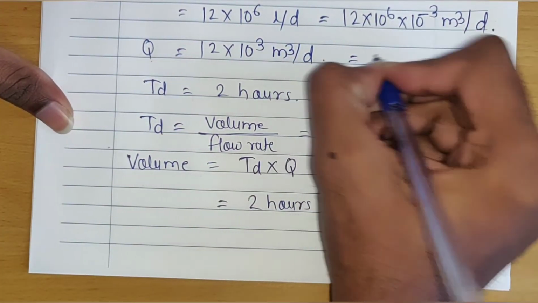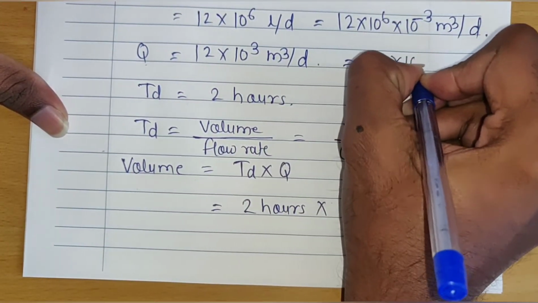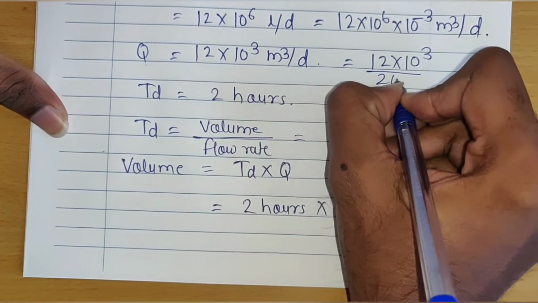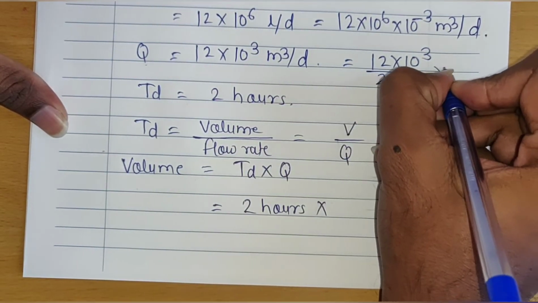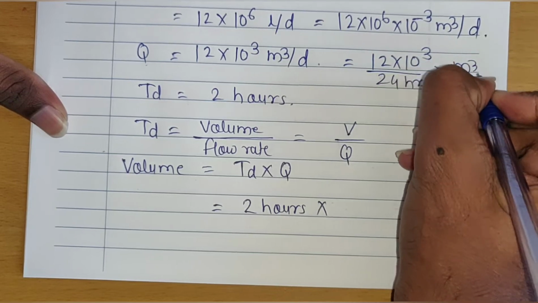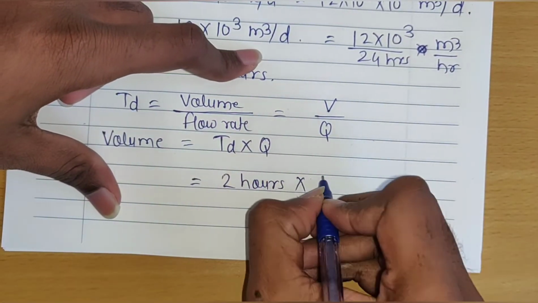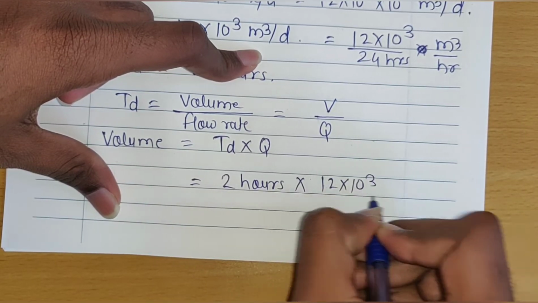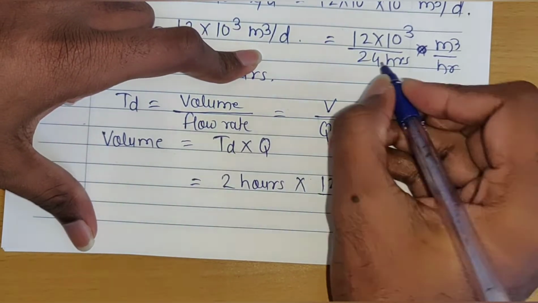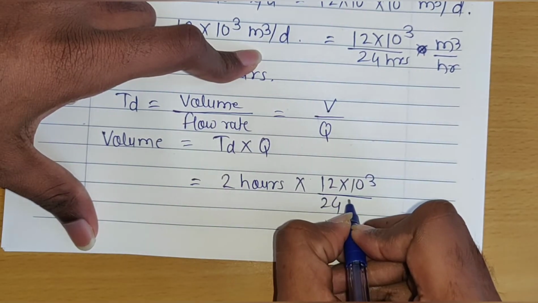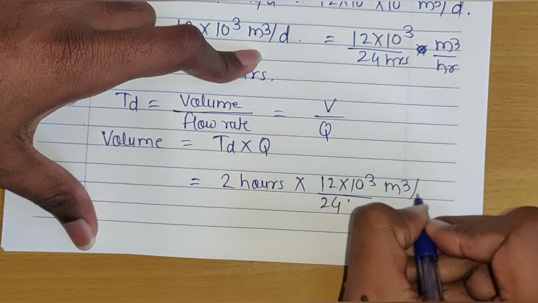Let us convert Q into meter cube per hour: 10 raised to 3 divided by 1 day is equal to 24 hours. The value of Q in meter cube per hour is 12 into 10 raised to 3 divided by 24 meter cube per hour.